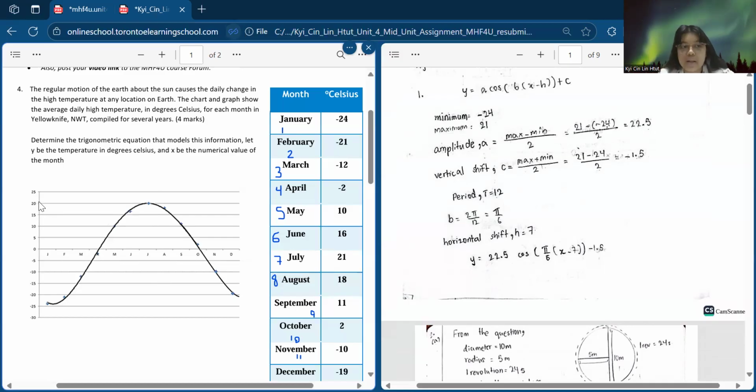But it did not start there, but it started here, which means it's shifted to 7 units because July is 7, and from these numerical values, we also wrote that July is 7. So the horizontal shift becomes 7. From all of that, I substituted all the numbers into these alphabets, and I get the equation that the first question asks.